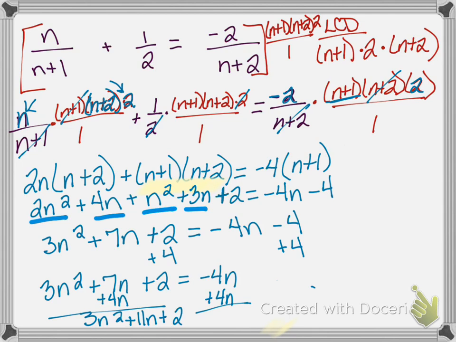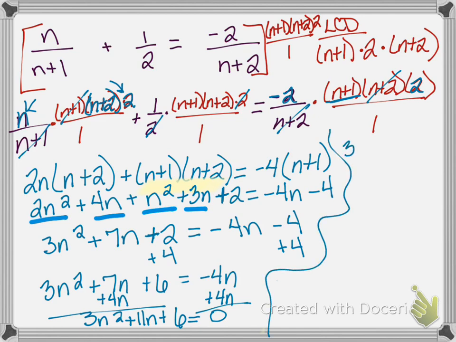I apologize about that. Okay, so when I FOIL, 1 times 2 is positive 2. That's where that positive 2 comes from. Okay, now I've got something I can work with.